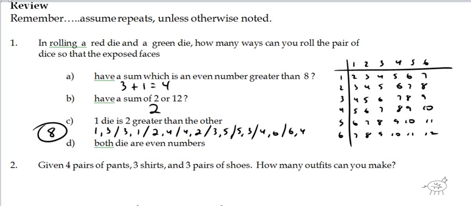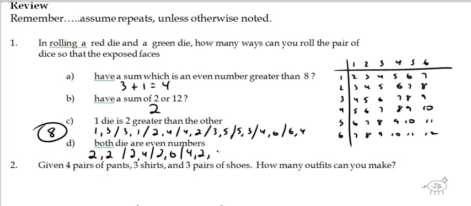Okay, and D, both die are even numbers. Again, you want to kind of write it out. We're not talking about rolling an even number. We're saying both die are even numbers. So just kind of looking at the possibilities, I can roll a 2 and a 2, a 2 and a 4, a 2 and a 6, right? I can roll a 4 and a 2.